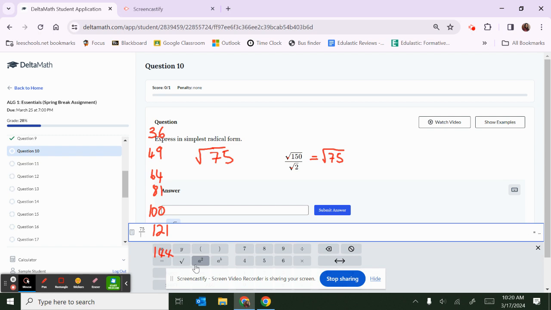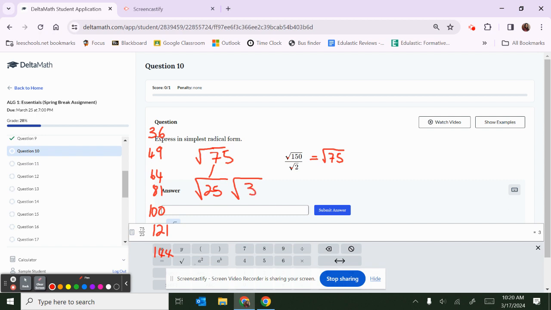All right. Then I would try 49. That one does not work. Then I would try 36. Does not work. Then I would try 25. And 25 works. So that means that radical 75 can be split up into radical 25 times radical 3, because when I divide 75 by 25, I get 3.